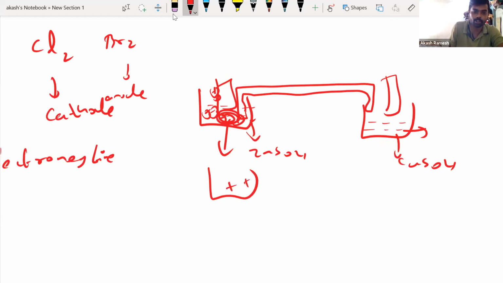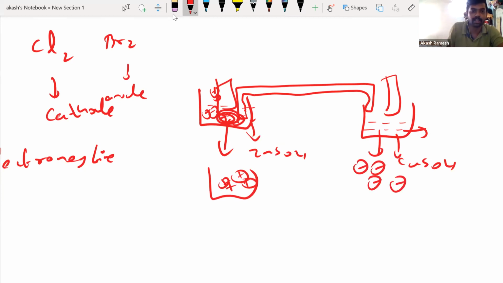So the solution will be positively charged. Here, there is some amount of copper 2 plus, and that copper 2 plus is going as copper. Basically, the amount of copper 2 plus keeps on reducing. So here inside, I will have so much of negative charge. I hope this point is very clear.